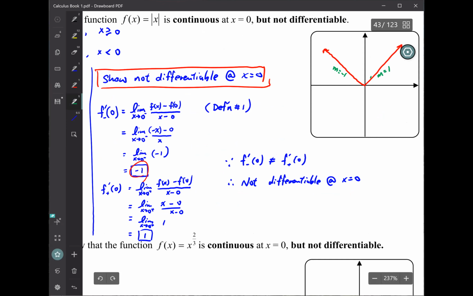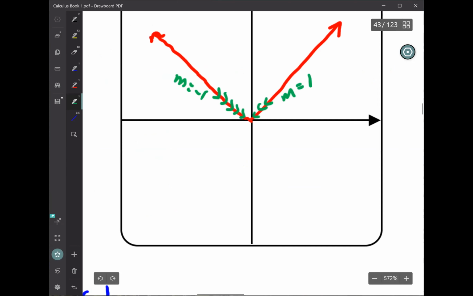As we go close to 0, it will remain the same because it's a straight line, so it stays as 1. From the left side, the slope remains as negative 1. So when it's very close to 0, you don't know which one to take as the derivative. So the slope at the center, there's no single value at 0.